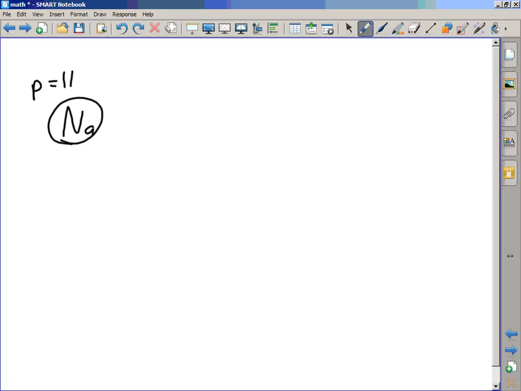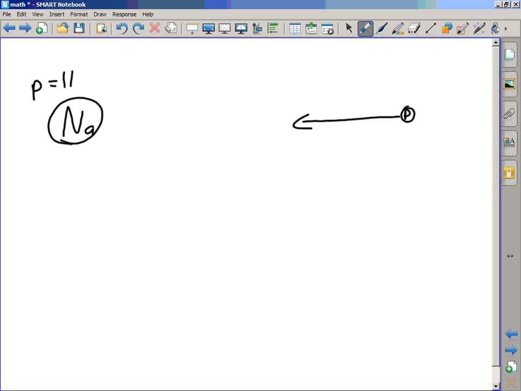I'm going to take a single proton out here. Let's try to make this relative size where it might be easier to see what's going on. I'm going to take a single proton, and I'm going to shoot it at the sodium nucleus.